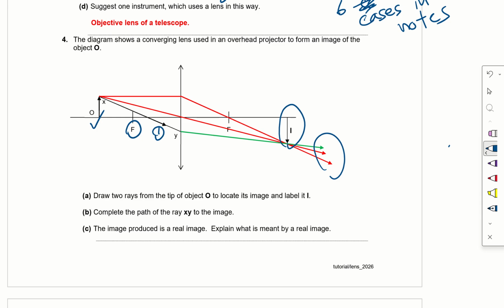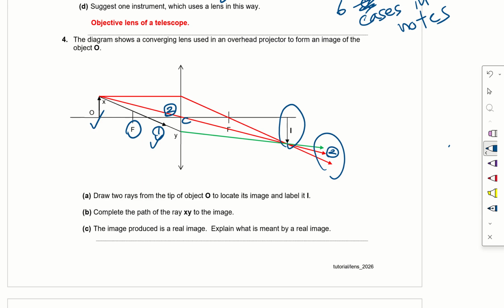So let us draw another light ray. We call it light ray 2 because light ray 1 is already given, but we don't know how it bends. Let's draw light ray 2, which is the one that passes through optical center without bending. So it will just be drawn like that. But we don't know where the image is.